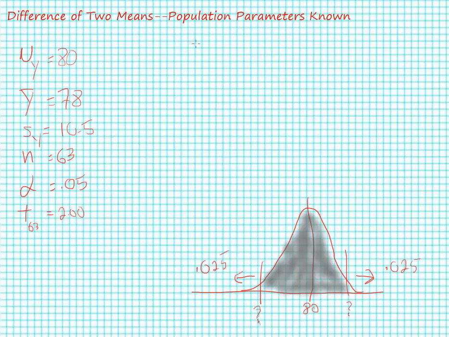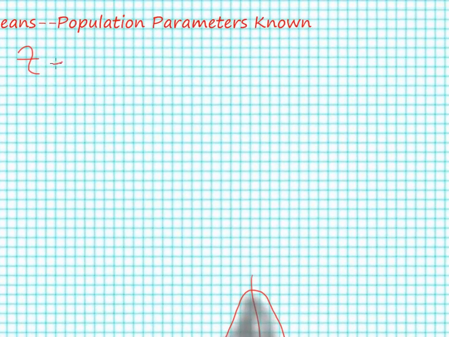Let's go ahead and look at our z-score. Our z-score is equal to our population mean minus our sample mean divided by the standard error of the sampling distribution. Well, I know that if I move plus or minus 1.96 standard deviation units, that is if my z-score is equal to 1.96, then I get to the place where I cut off the middle 95% of this distribution.